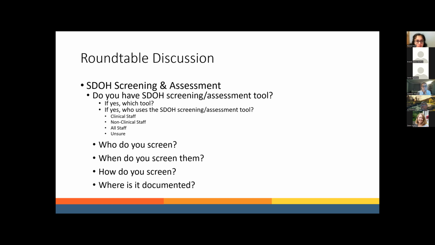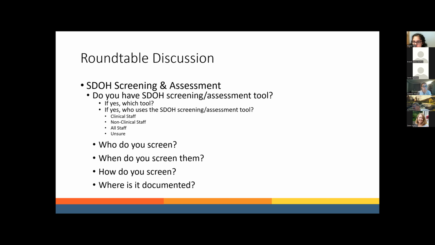Well, when we're looking at social determinants of health too, who do you screen right now? From what we've seen with health centers, it's looking at specific groups of patients before disseminating it to all patients, or looking at different special populations, patients with different comorbidities to get it started, because as we know, you will be having to report these numbers out to HRSA in the future.